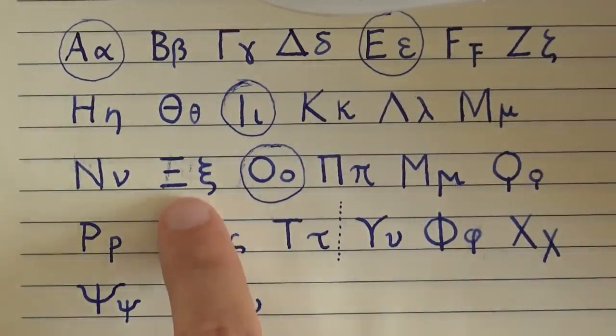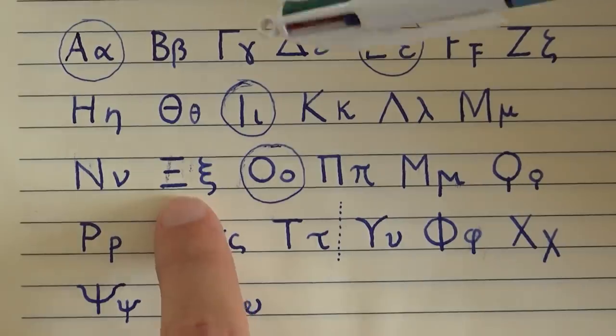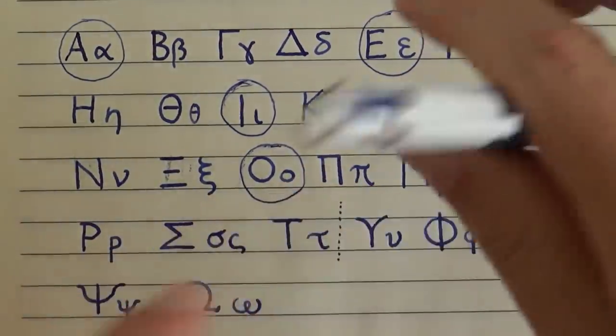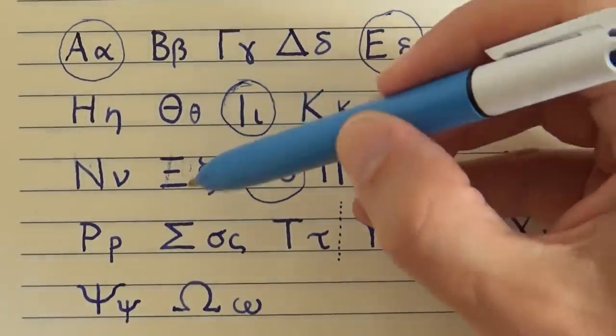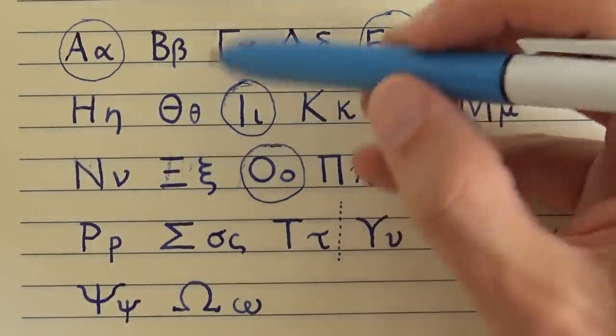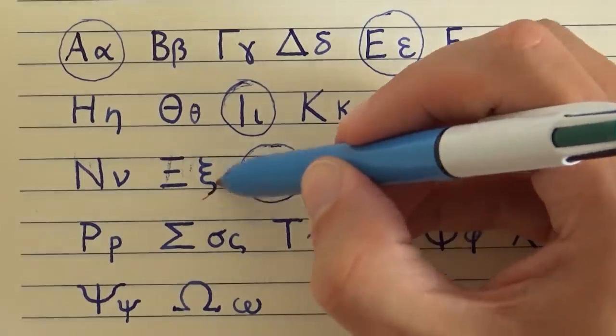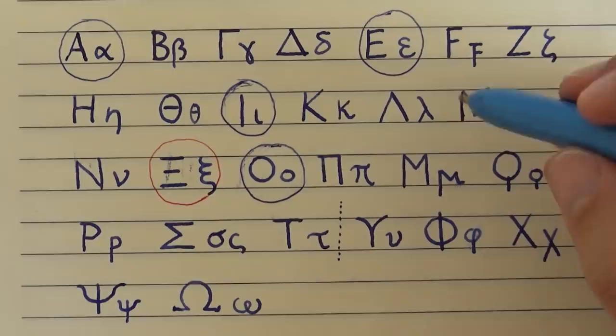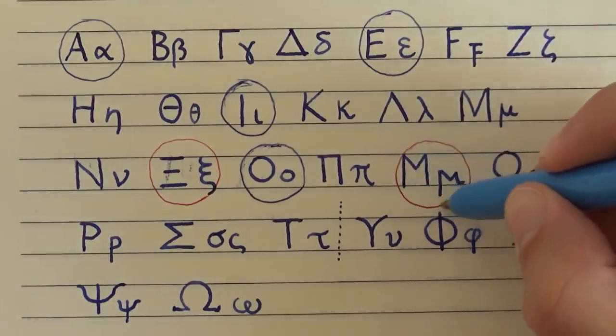But that's actually an invention by the Greeks, I think, that this would stand for the combination k, s, x. Because we also have a lot of characters representing some kind of S sound.